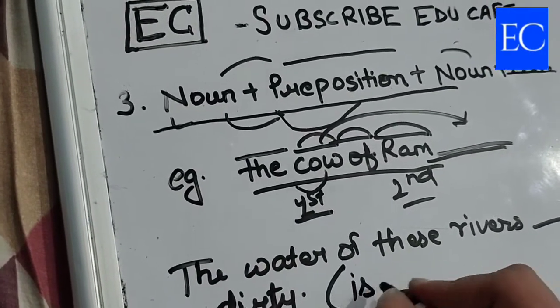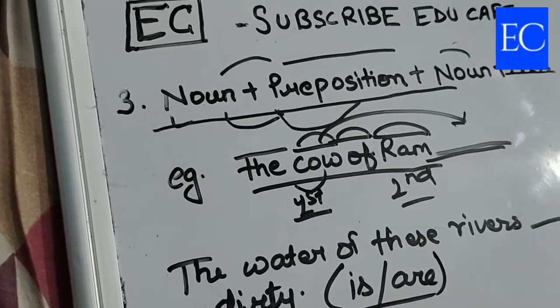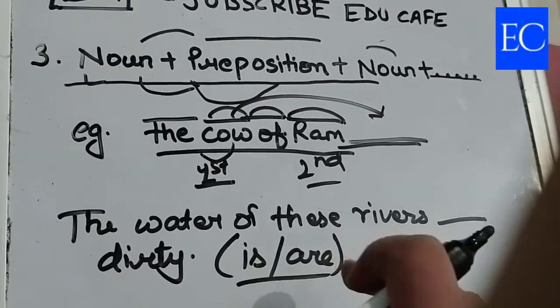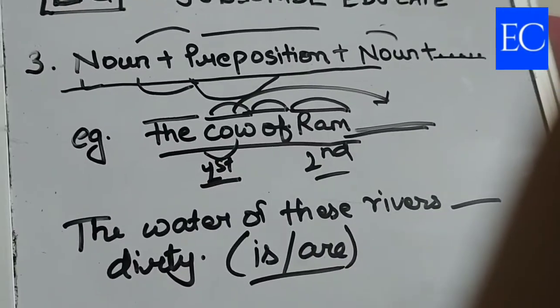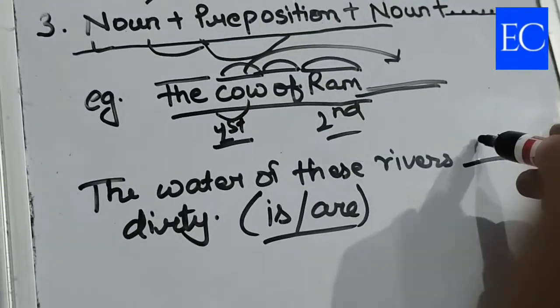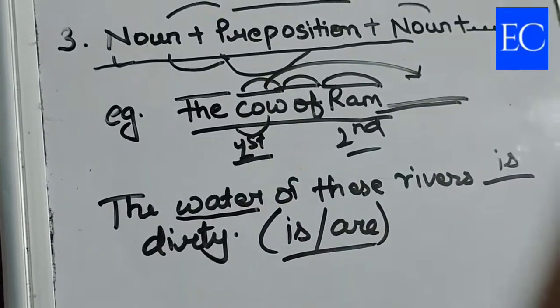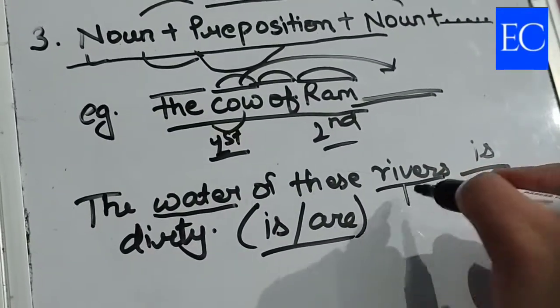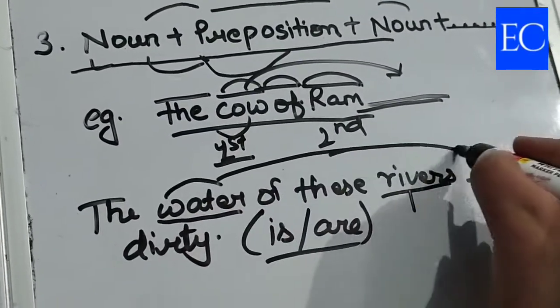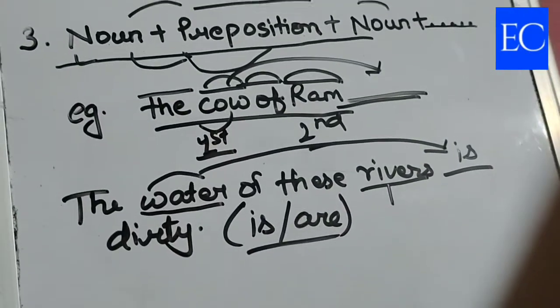We have to add is or are. Which of the following will we add? We will add here is, because we have to focus on the first noun, not on the second, which is plural. The first one is singular, hence the verb is also singular. We have studied that.